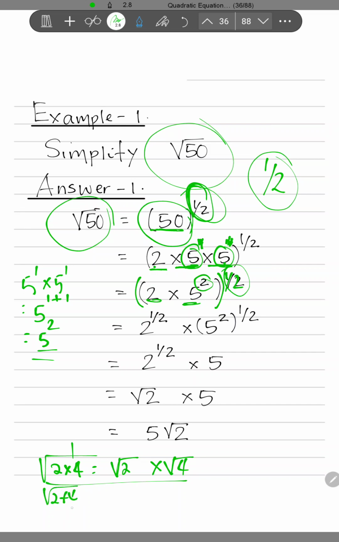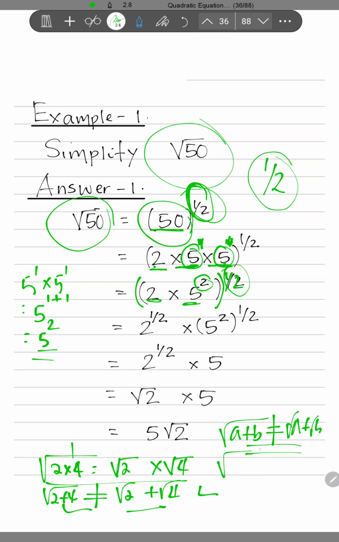Square root of 2 plus 4 is different from square root of 2 plus square root of 4. It is different, okay? There is no such definition. For specific numbers, we can compare and tell if it is yes or no. But in general terms, square root of a plus b is different from square root of a plus square root of b. It's not the same. Only for multiplication, ab, we can put a, then b. That's what we get here.